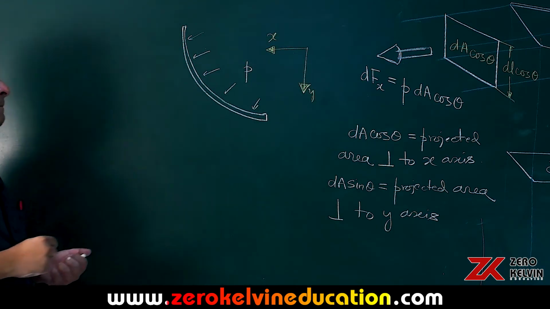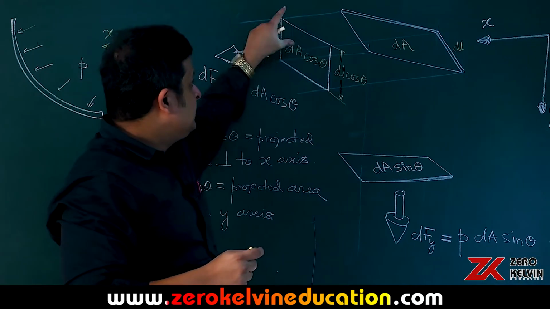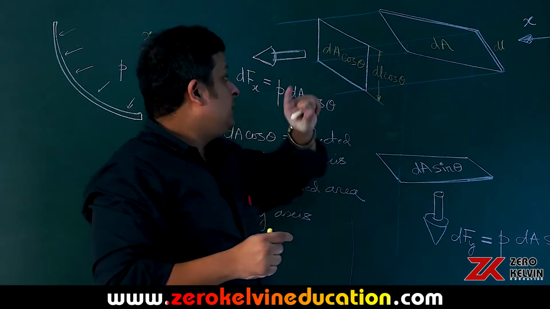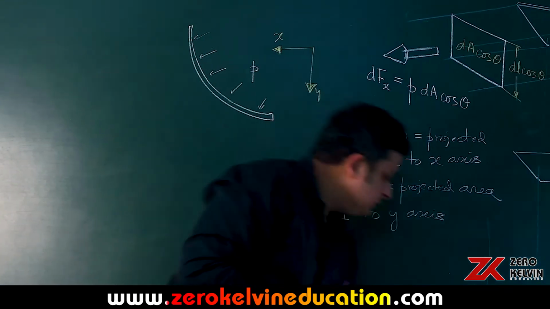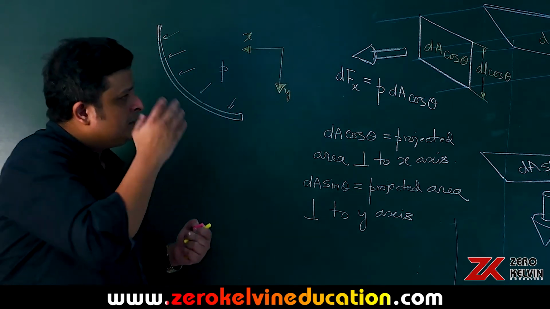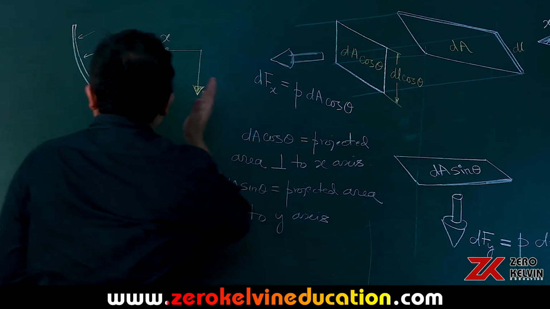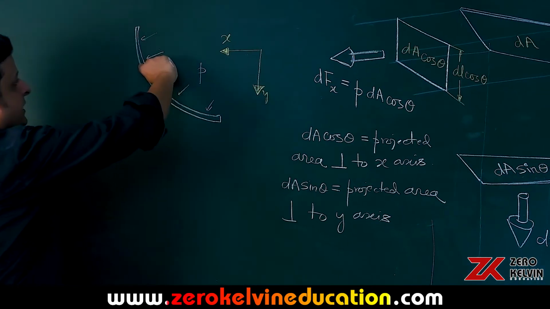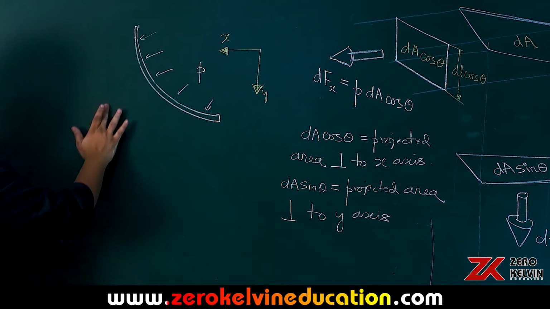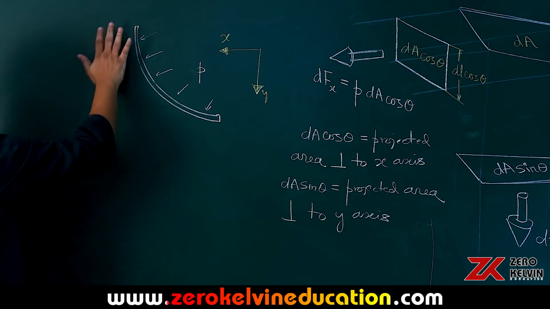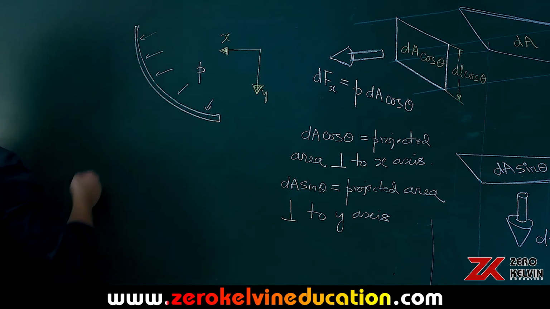So now, as we see, due to this small strip dA, we have taken this projection of this area perpendicular to the x axis and perpendicular to the y axis. So we are going to add up all these projections, right? So due to this curved surface, say you take a small part dA, you have this projection. So all these projections will add up to give you the projection of this area perpendicular to the x axis.